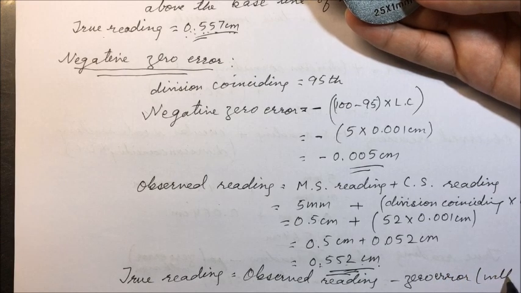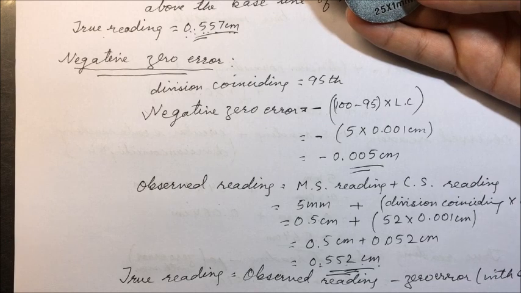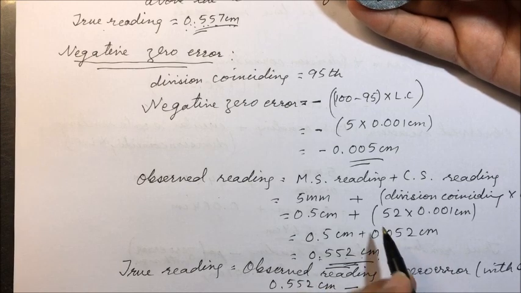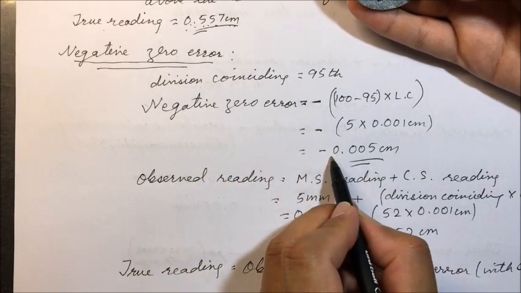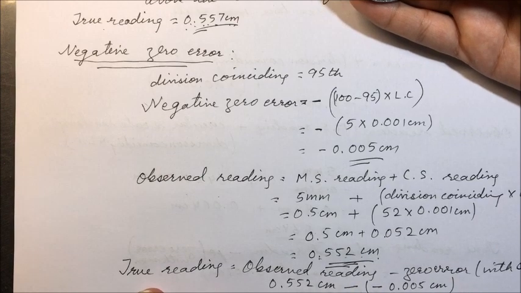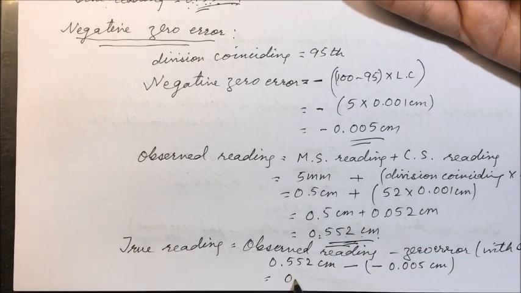Which sign do we have to put? Observed reading is 0.552 centimeter minus the negative zero error, minus 0.005 centimeter. So minus minus will become plus, and we will get 0.557 centimeter.